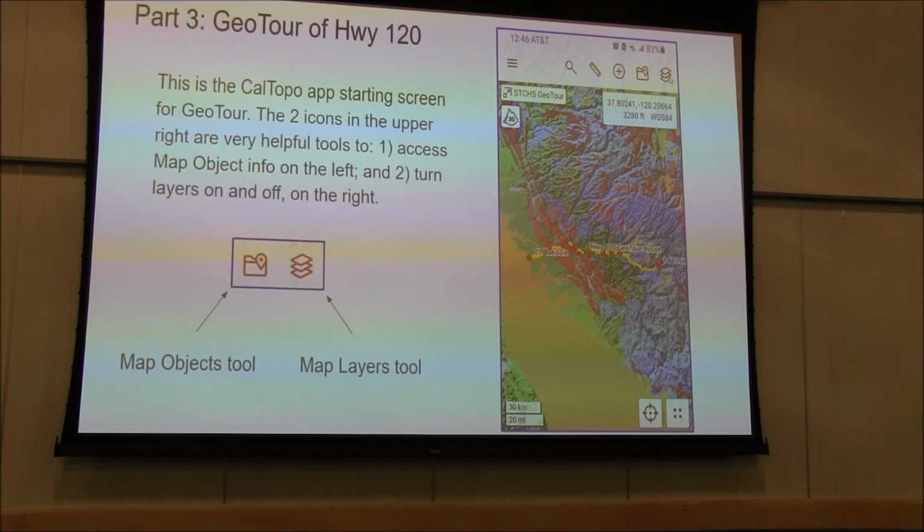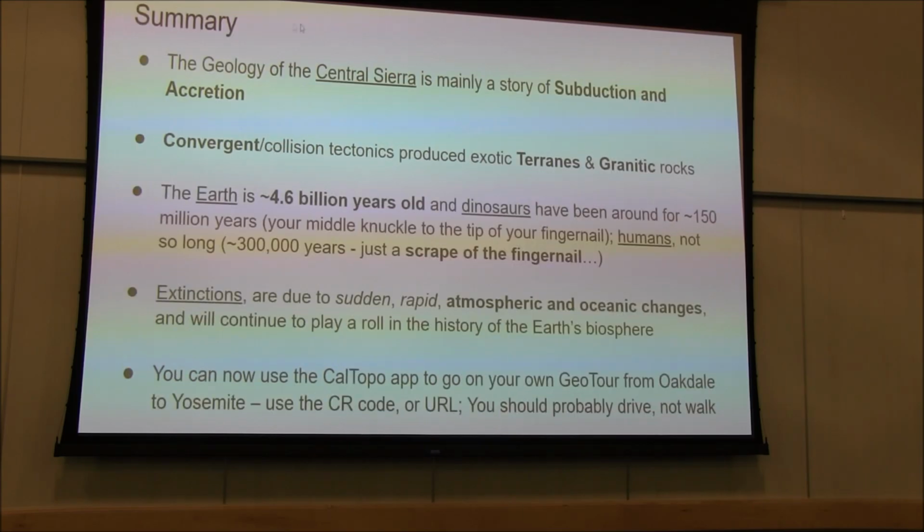And if you want different layers other than geology, you want to see all the houses in California? There's 11 million of them. It might take a minute to load, but you can see everyone's house as accurately as they've mapped it. And then there's also Forest Service maps. There's all this cool stuff. So that's called CalTopo.